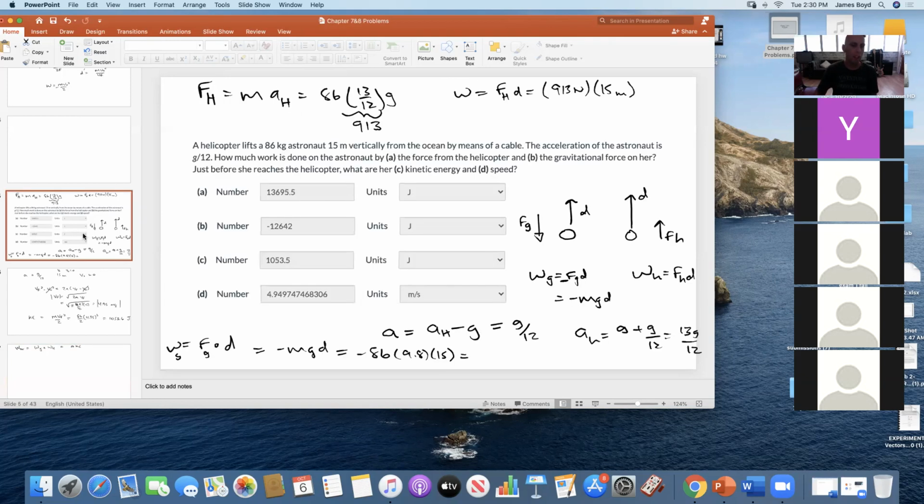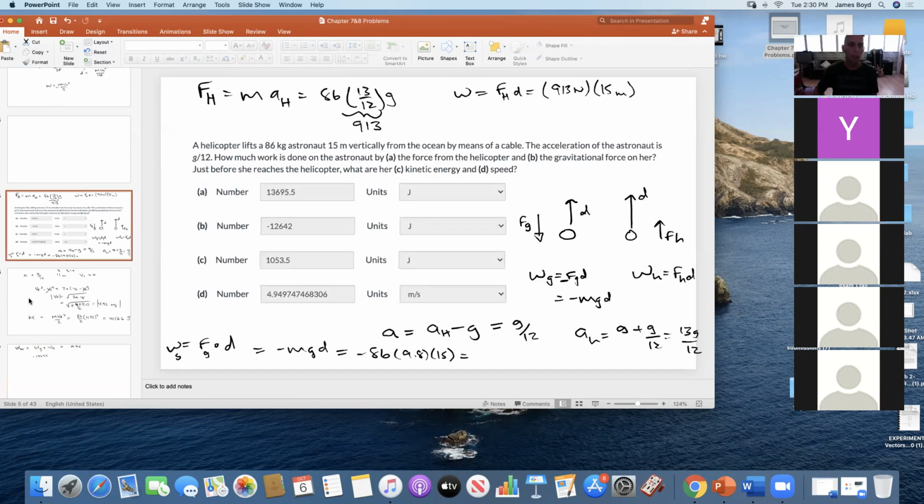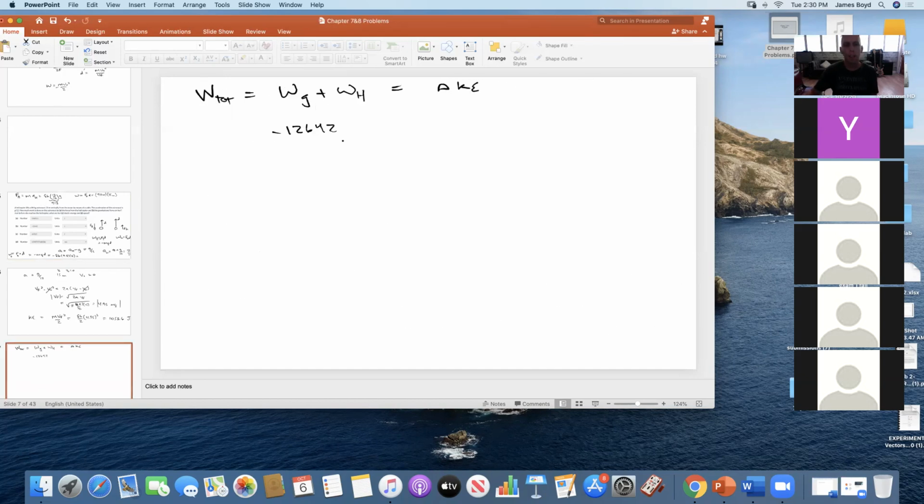We said that the work done by gravity was negative 12,642, and the work done by the helicopter was 13,695.5. That is equal to the change in kinetic energy, m v final squared over 2 minus m v initial squared over 2, and the initial term is zero. So I get 13695.5 minus 12642, that's 1053.5 joules, her final kinetic energy.